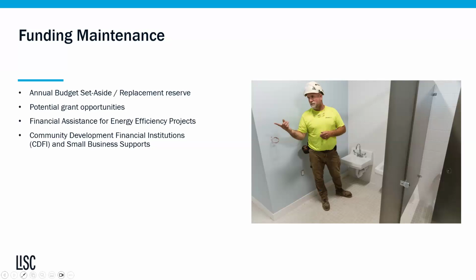The maintenance guide that we're going to be sharing out to you all also has some useful life estimates if you want to try to do that exercise we showed to estimate what your annual savings should be to anticipate some of those costs.